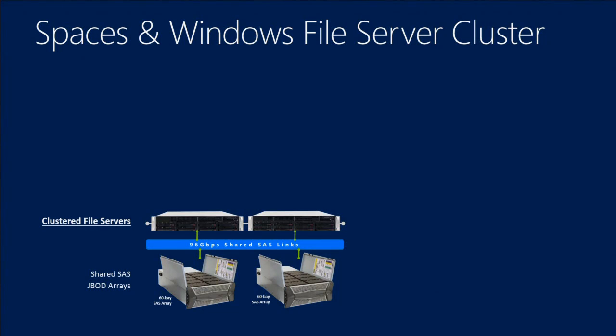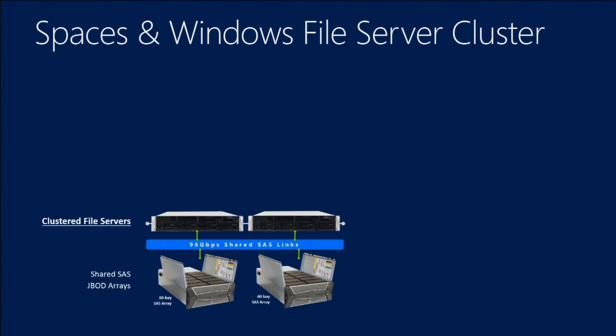All right, thanks. So let's build up a highly available Spaces deployment from the ground up. Starting from two 60-bay JBOD arrays, so that's a total of 120 disks, and I have two clustered file server nodes. I would connect the JBODs to the file server nodes in a manner such that each file server has two paths to each JBOD.